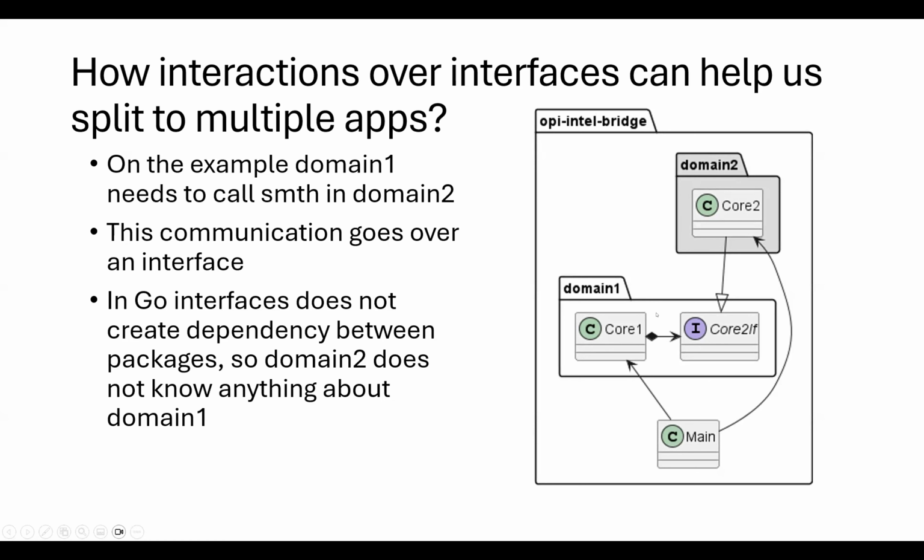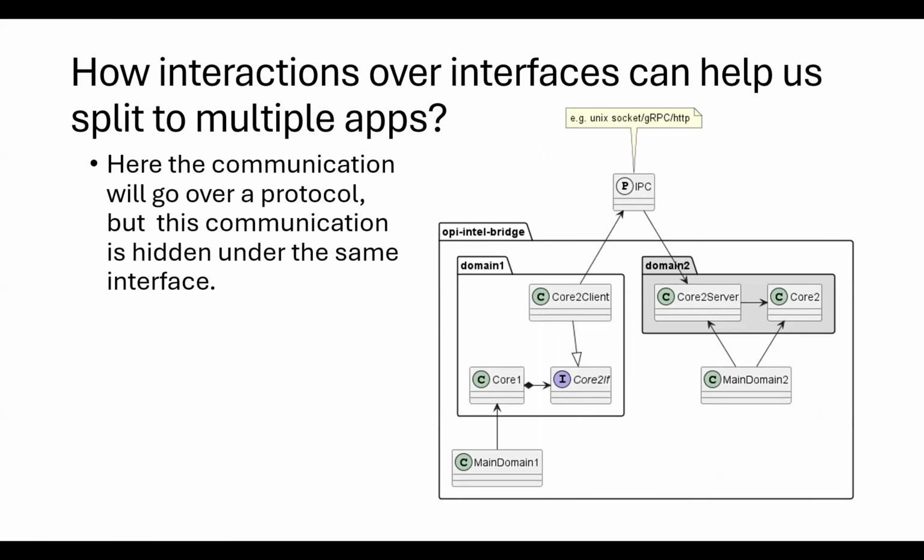But let's imagine that the complexity grows and we need to split into multiple apps. Like here we have main running this domain and main running this domain, right? And you can see that we still have core components here, and we have the same interface, but this time behind that interface we have some client which can communicate over some protocol with domain 2, right?